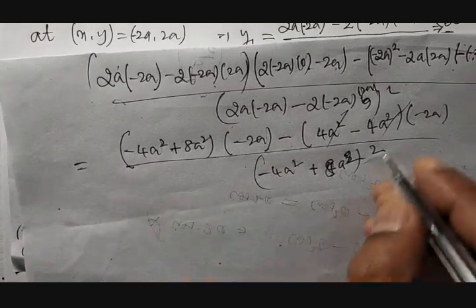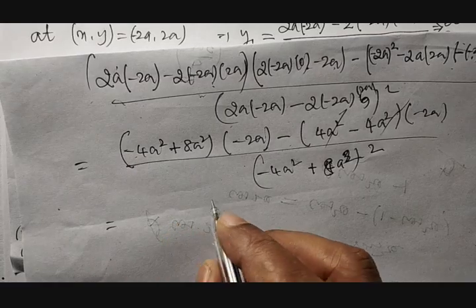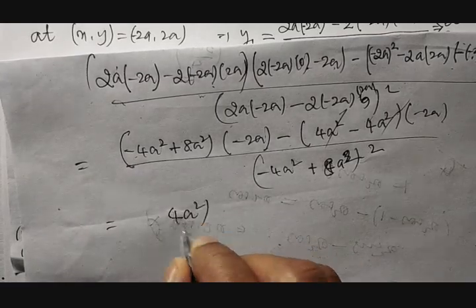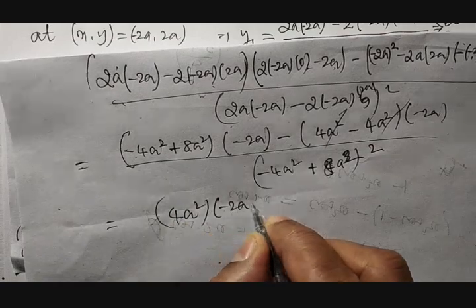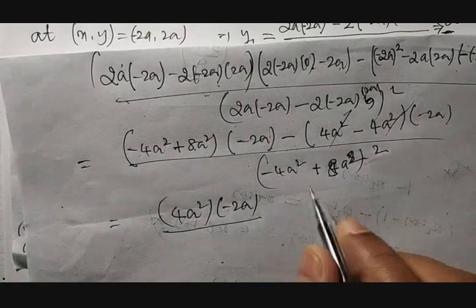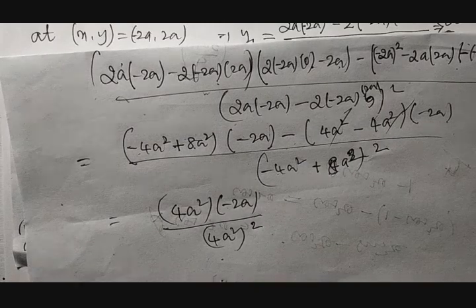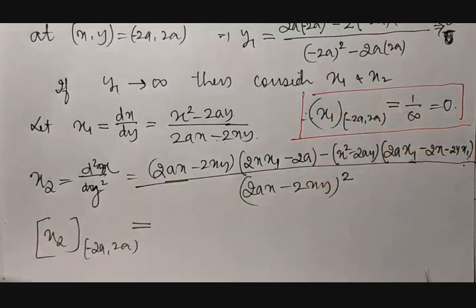Therefore this term is gone. Then it is minus 4 plus 8, it is 4. 4a square into minus 2a, fine, divided by this is again 4a square the square, fine. So same term I'll be taking here in this case.